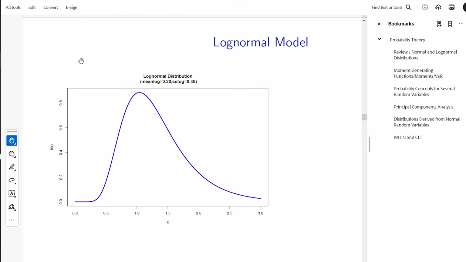Okay, so here's the lognormal distribution. And as an example, I chose a mean log value of 0.2 and a SD on the log scale of 0.4.